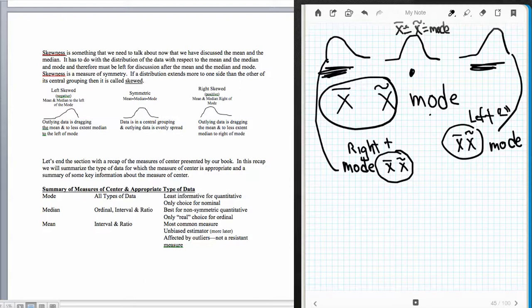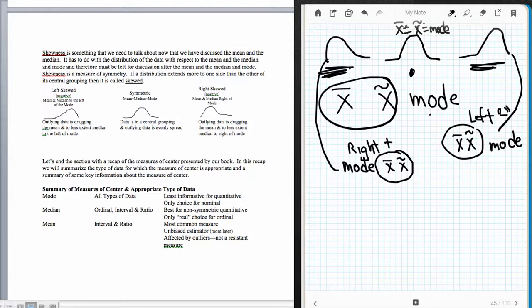In other words, interval, ratio, all types of quantitative data, and a little bit of qualitative data, the ordinal data. So it's the best choice for non-symmetric quantitative data, and it's the only real choice for ordinal data. So if we want a number kind of summary for ordinal data, this is really the only type that you could actually give. Now the mean is only available to us for interval and ratio.